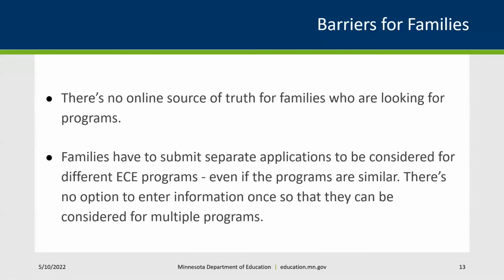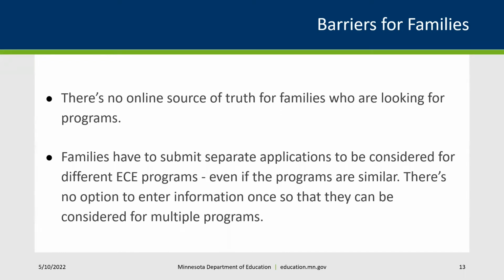So I think some of the biggest barriers that we heard was that there's no single online source of truth for families who are looking for programs. If they want to find a school-based program, they have to look in the school district. If they're looking for childcare programs, they can go to our Parent Aware site. Our school-based programs are getting put on there, but it's not an integrated system, and I don't know how well families are finding it, I guess.